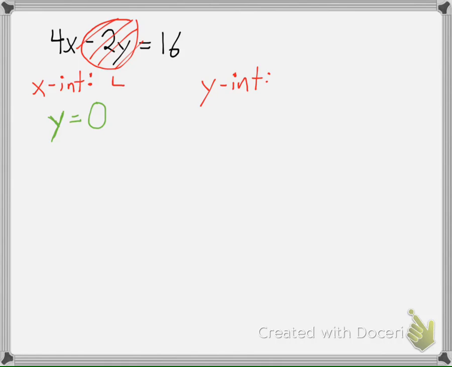So my x-intercept is (4, 0). Important thing to know here, your x-intercept is a point, and a point is named by two numbers. One of the numbers is guaranteed to be 0 because that's how we found our x-intercept. We said y will be 0, and then we found out what x would have to be in order for y to be 0.